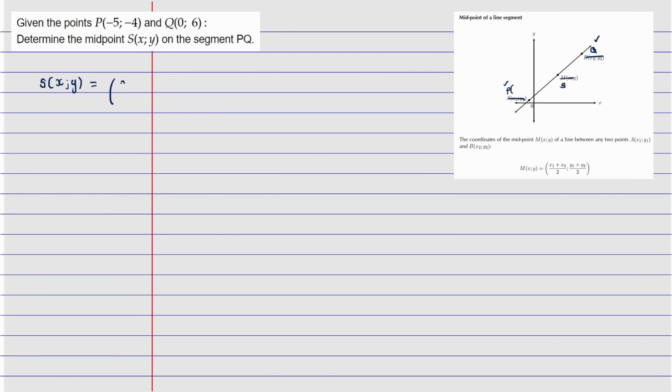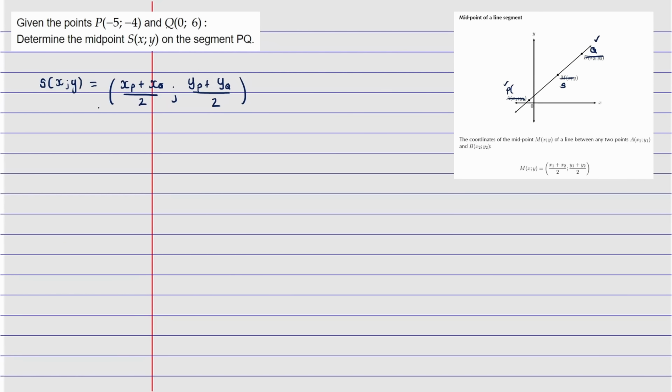Meaning it's the same as adding xp plus xq and dividing it by 2, right? Then for the y coordinate, it's taking yp plus yq and dividing it by 2. So that's how you would find the midpoint of this line segment, right?